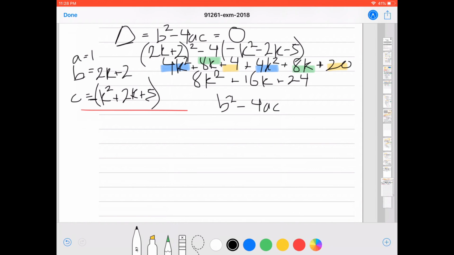b squared minus 4ac. Let's list a, b, and c again. a is 8, b is 16, c is 24. So this shouldn't take too long.